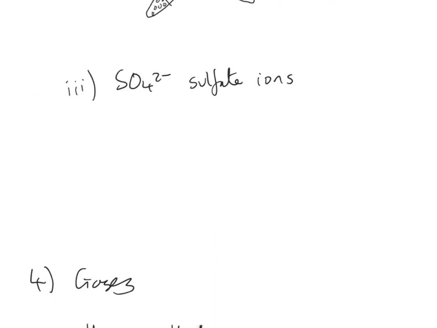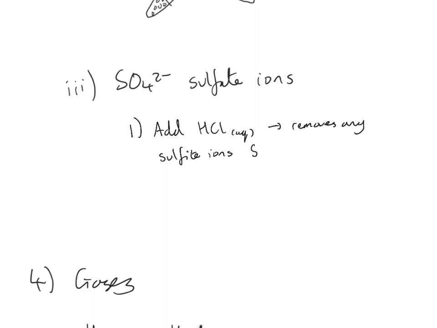Sulfate ions have a different test. The first thing you do is that you add specifically hydrochloric acid, and this removes any sulfite ions. So they're different to sulfate, they're SO3 2-.